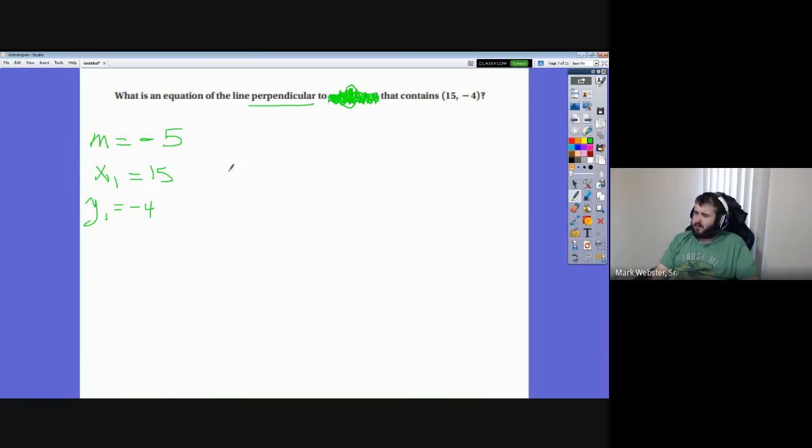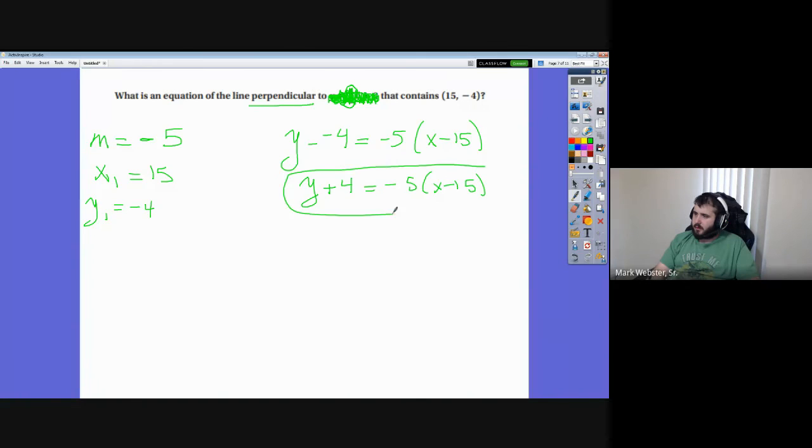Now, once again, y minus y1 equals m times x minus x1. Two negatives make a positive, so fix that. And there you go.